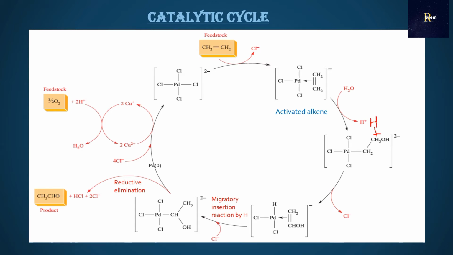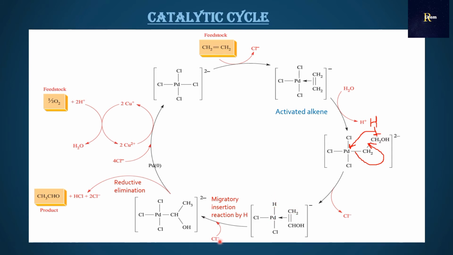This electron pair of this bond is shifted to the platinum metal, and the electron density of this platinum CH2 bond is shifted toward this one, and this is called the beta elimination process. And so finally what we have seen is the Cl minus is removed, and the H at the beta position goes to the platinum.